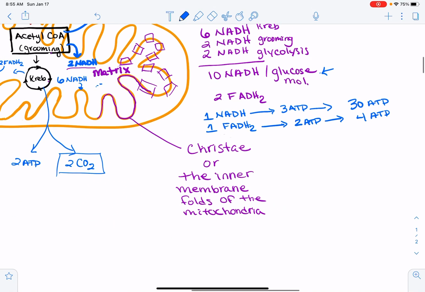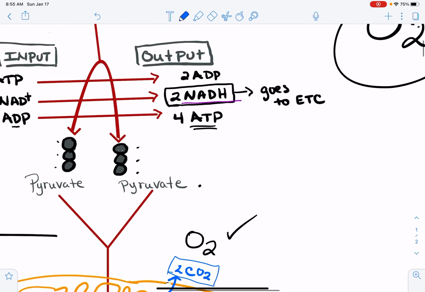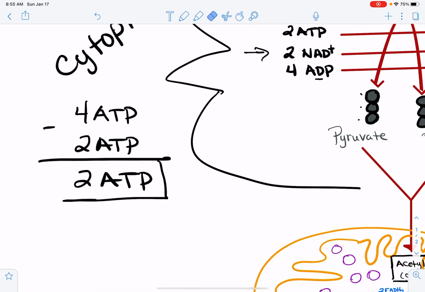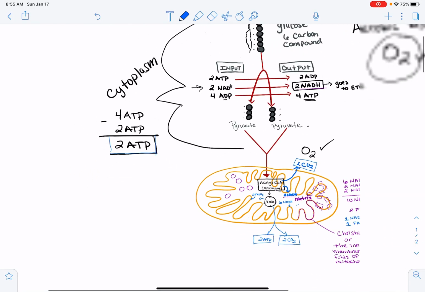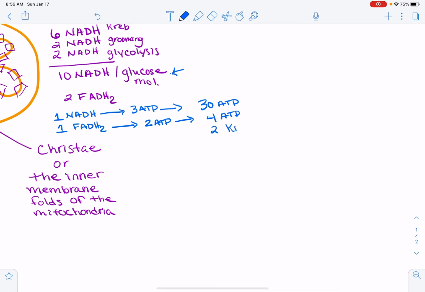If I look at other ATP produced by glucose, I find I have 2 ATP being produced from the Krebs cycle, and I also have 2 ATP produced from glycolysis. So I can add those 2 from the Krebs cycle, or the citric acid cycle, and 2 from glycolysis. That gives me a total of 38 ATP.